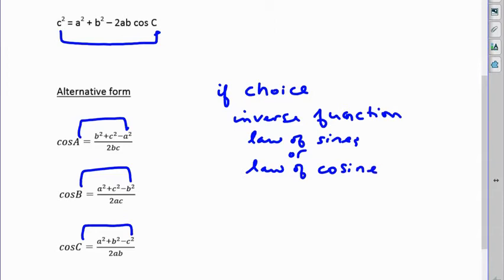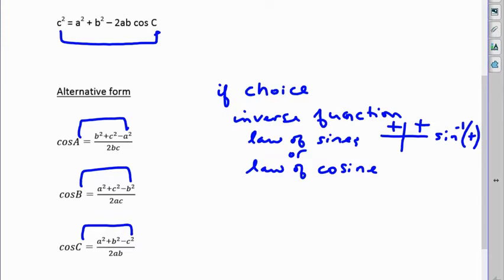Why is that? Law of sines has acute angles and obtuse angles. Both have positive ratios. So it's unclear when you're doing an inverse sine of the ratio. When it's positive, it's unclear where you are located.